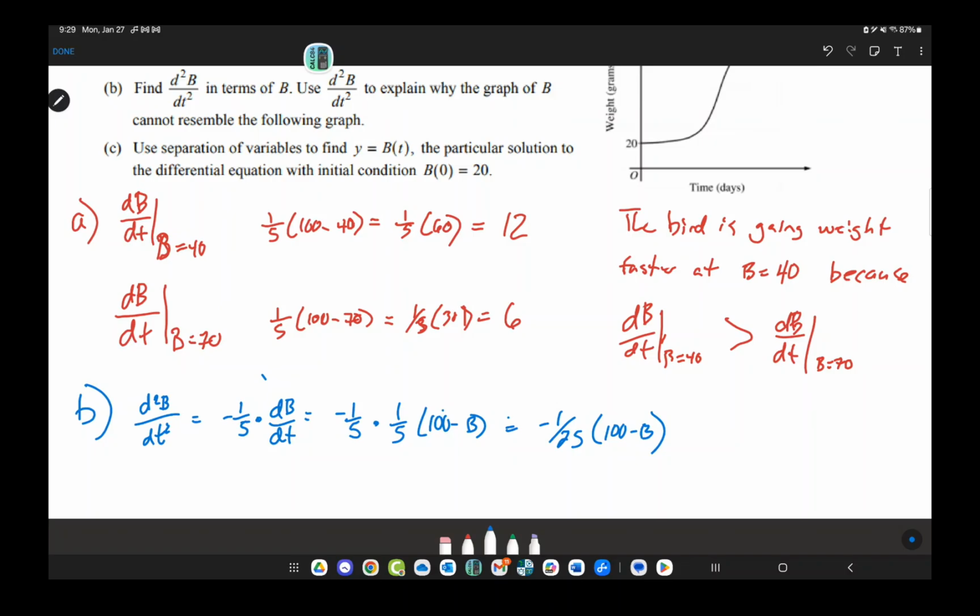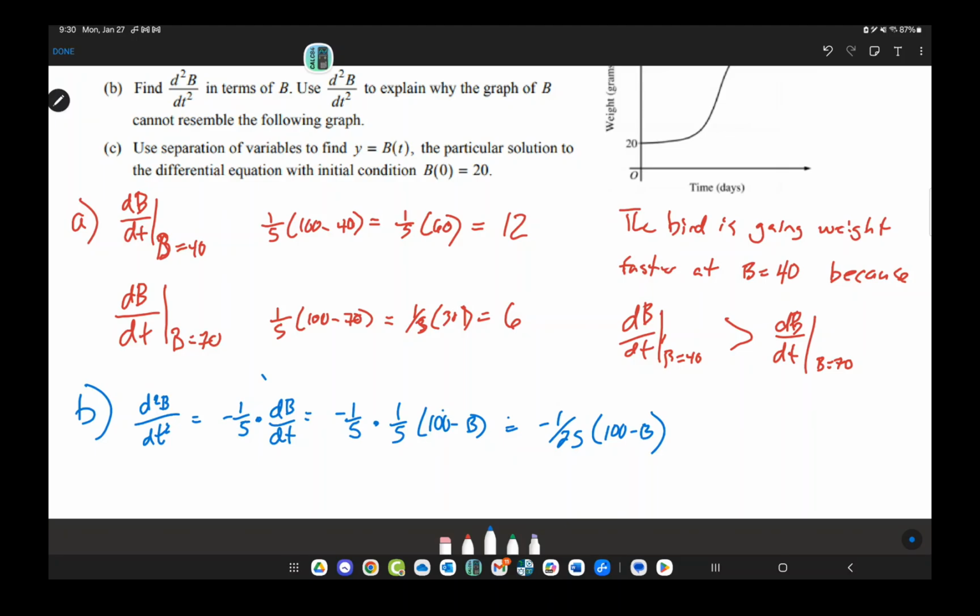But why can't my original function use this model? It's tricky. We have the rate of change, and this rate of change, dB/dt, is negative.